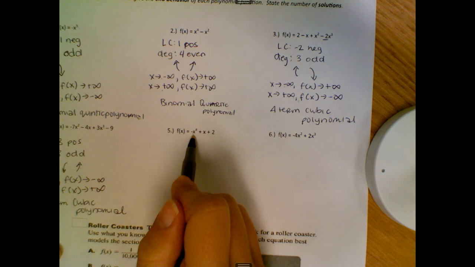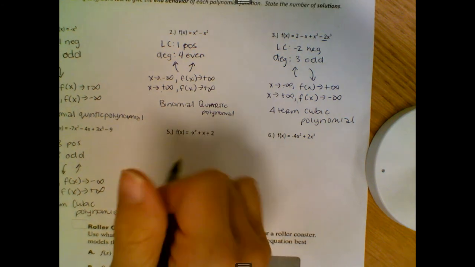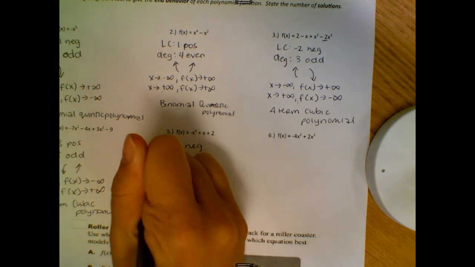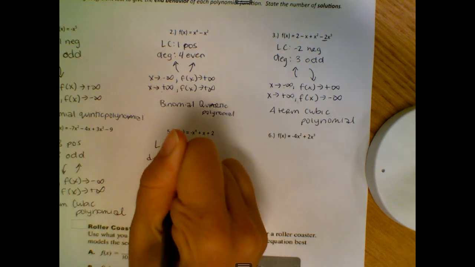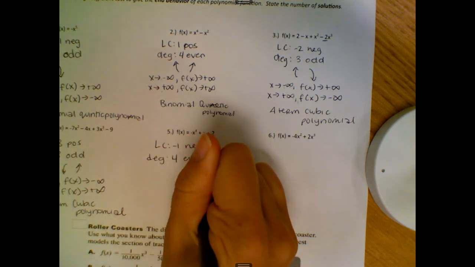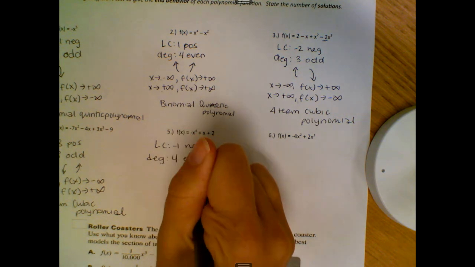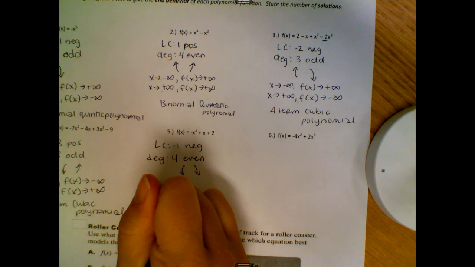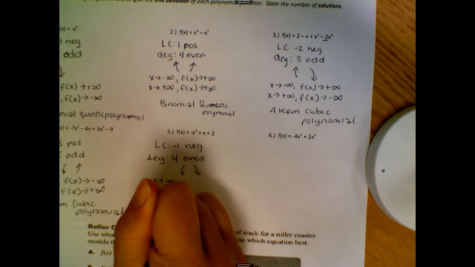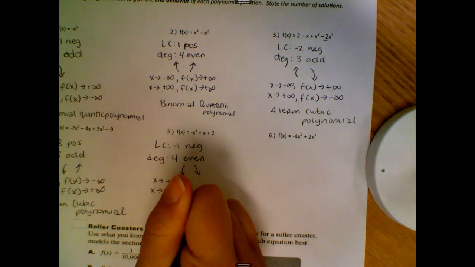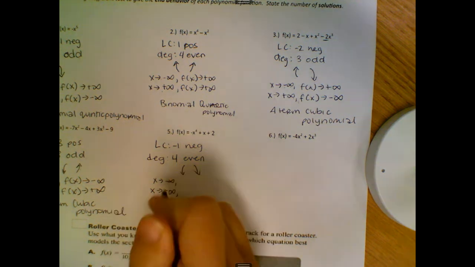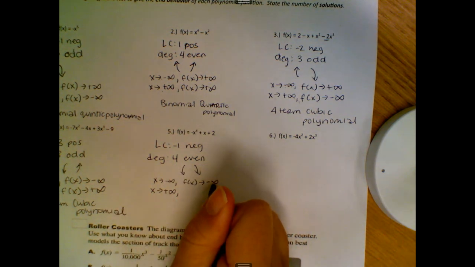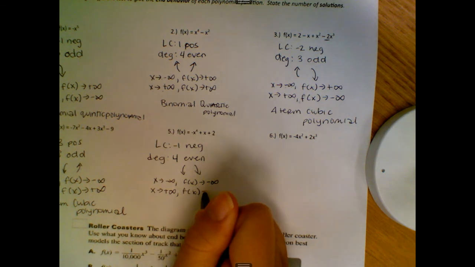Then we have 5, so our lead coefficient is -1, that's negative. Our degree is 4, that's even. That means my second arrow is going down. Even means they're both going in the same direction. I need to figure out what my left arrow is doing and what my right arrow is doing. Both arrows are going down, so I'm going to write down in my math language.